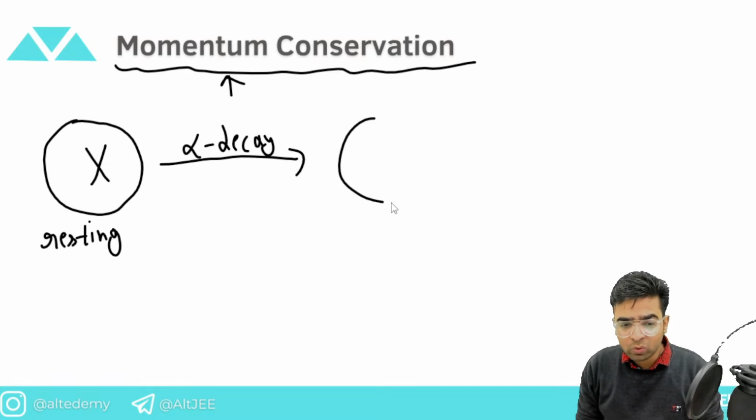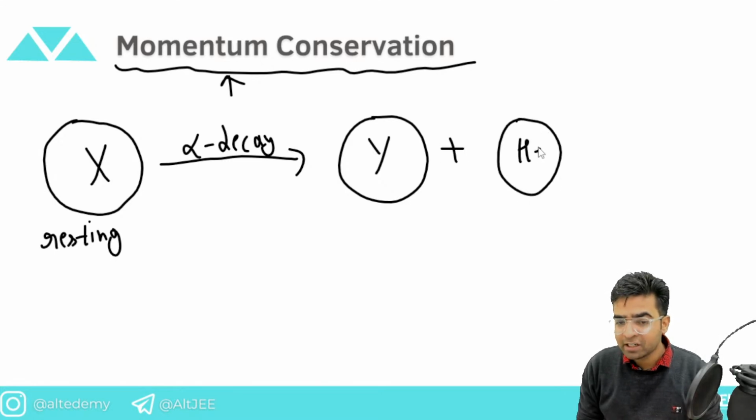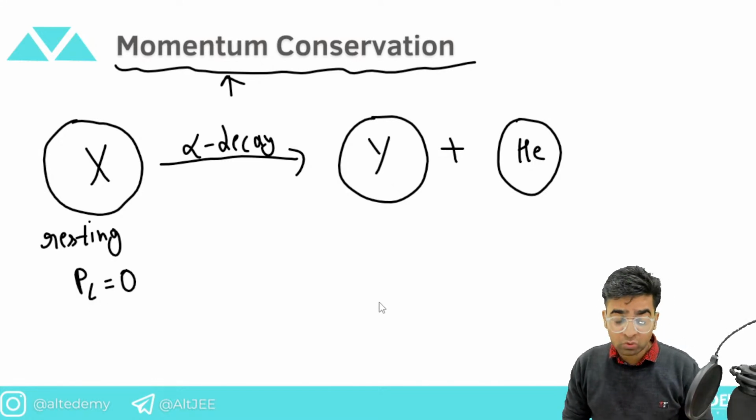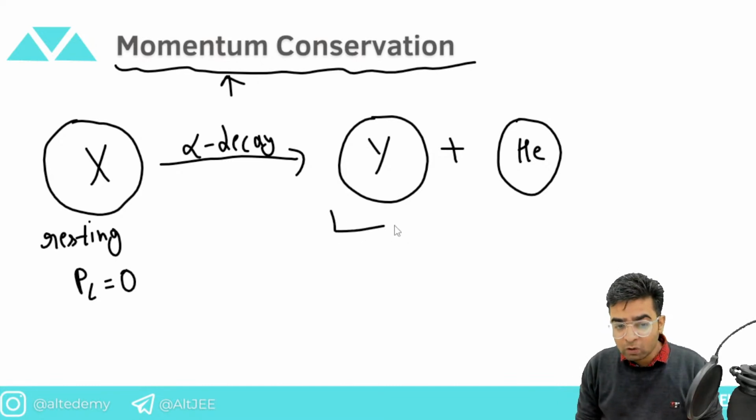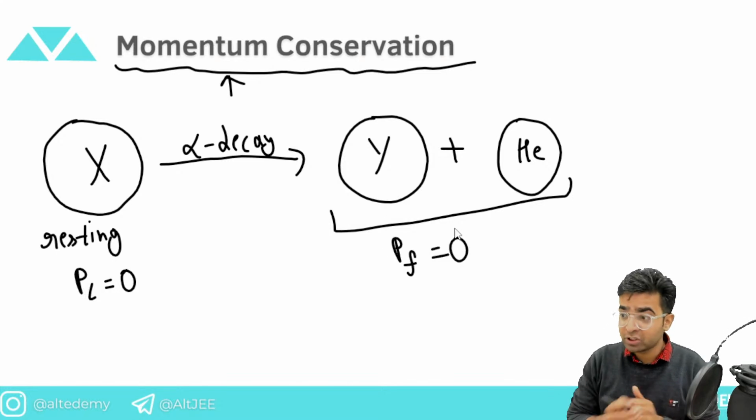It has converted into Y and alpha particle He. Initially momentum is 0, and the overall momentum of those both also has to be 0.